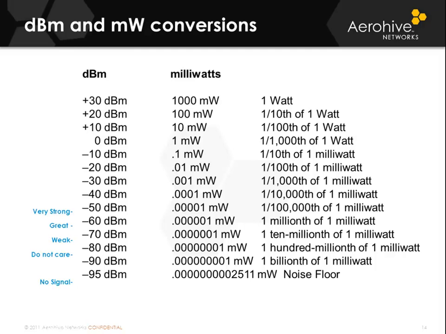Weaker than negative 80, you start getting into a do not care area. If there's RF energy here and I can use it for signaling, that's okay, but that is not my intended area of coverage.